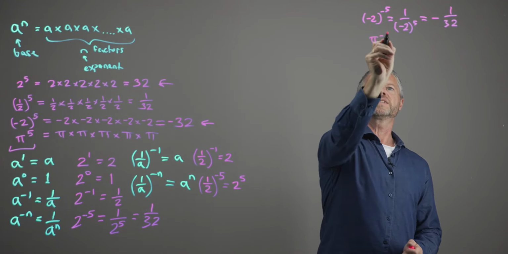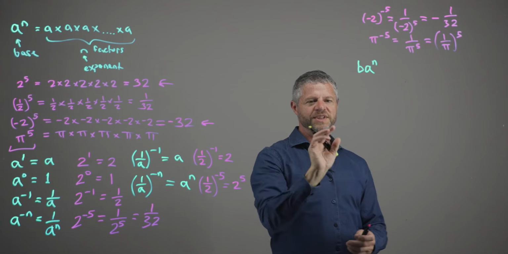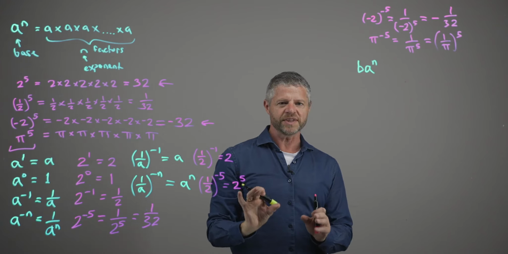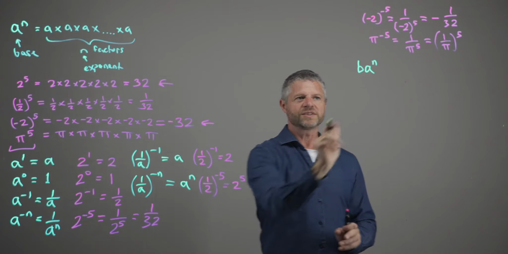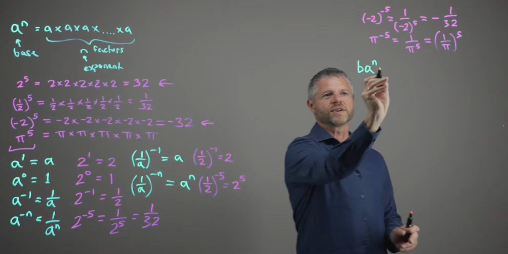Let's explore a few more complicated expressions involving exponents. So let's start with b times a to the n. So we're multiplying b by a to the n. So we just have to be a little bit careful with the order of operations here. So as an example, let's do b is 3 and a is 2.